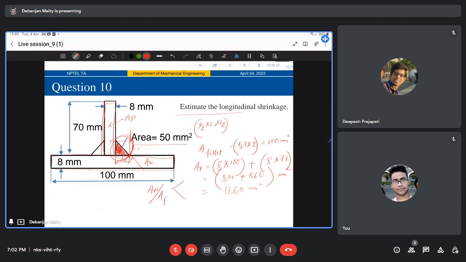What it is coming as, this is something 13.6, which is less than 20.